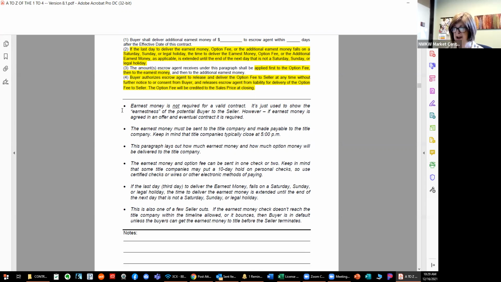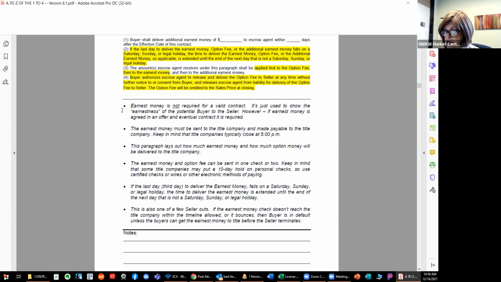Earnest money isn't required for a valid contract unless it says in here that there's earnest money involved. If it says earnest money is involved, then absolutely it's required. It's just used to show the earnestness of the potential buyer to the seller. If I was a seller and they weren't putting any earnest money up, I'd want to know why. And that would affect my decision whether to accept their offer or not.